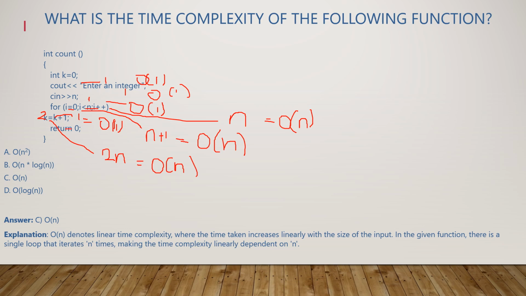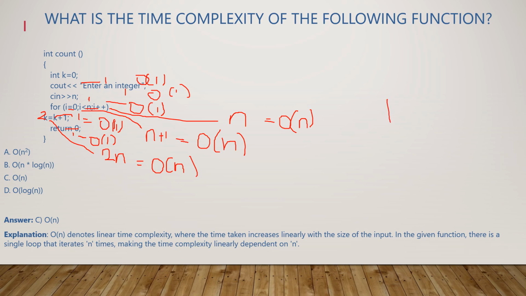The last one, this return statement, runs only one time, and this is O(1). When you see the overall operations, the maximum is O(n). If you add them up, the running time or the time complexity is O(n).